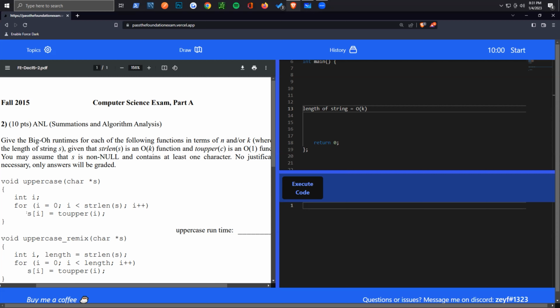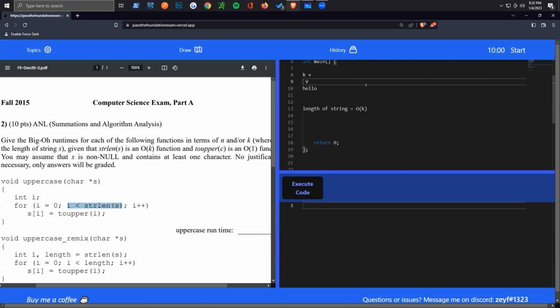But the thing is, you are going to be checking this condition at every single index of the string. So for example, if we have a word hello, you're going to have an index that's going to start at h. So right here, you're going to start off and say, okay, let's call string length. So that's O of k. So that's a k, right? Then you're going to do it again at e.